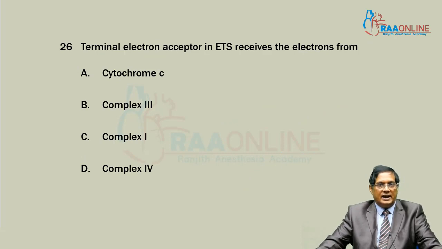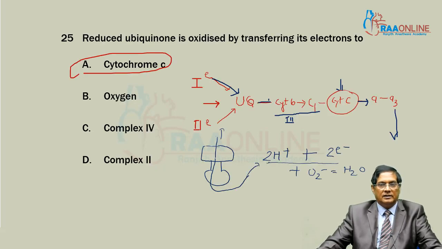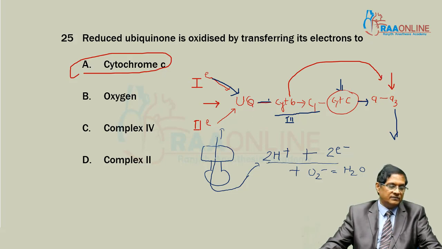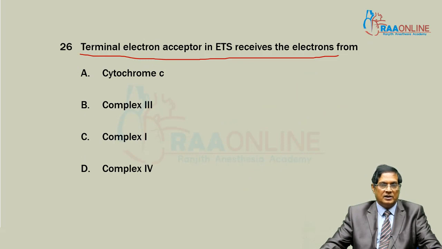Terminal electron acceptor: this is the terminal electron acceptor A3. It receives electron from complex number 3, or exactly in the fourth complex there is a transfer. So finally the fourth complex is involved, it releases electron to oxygen.